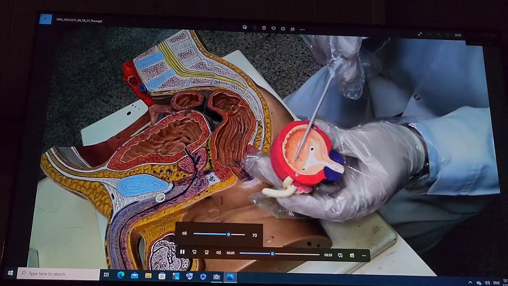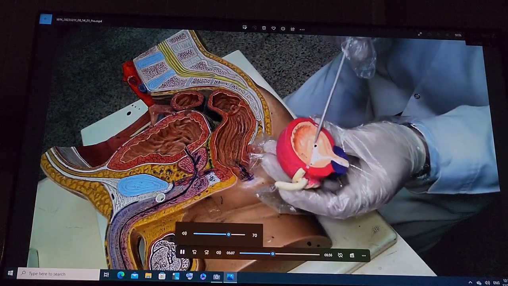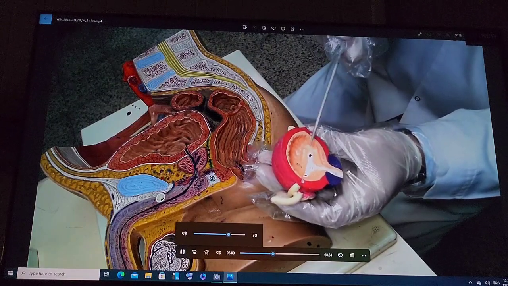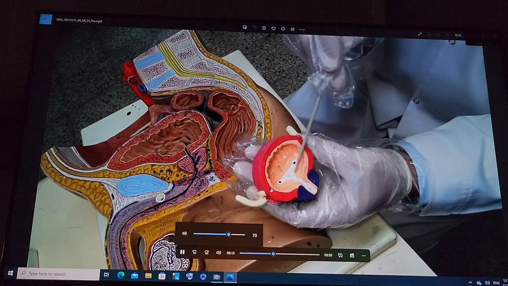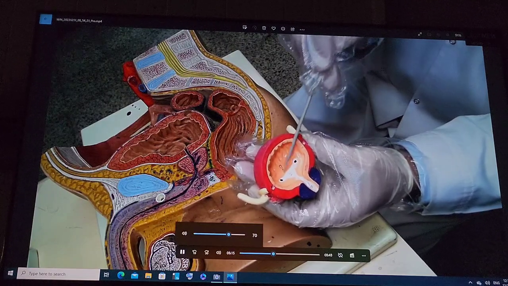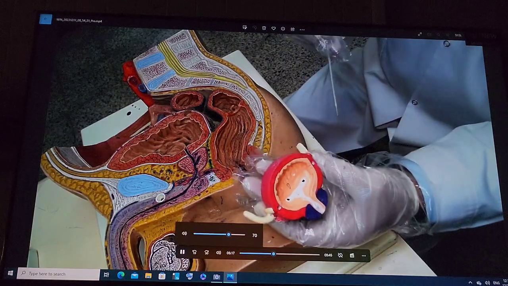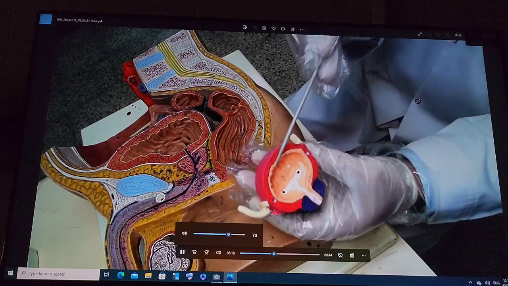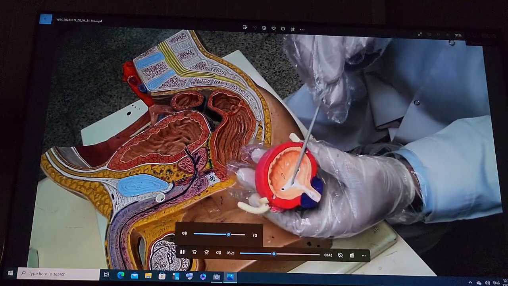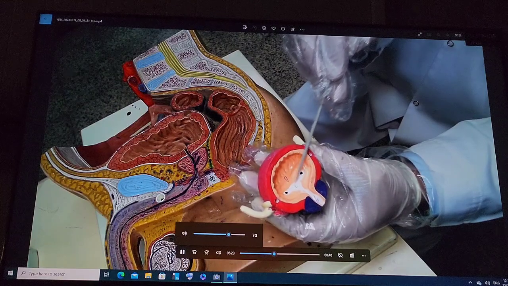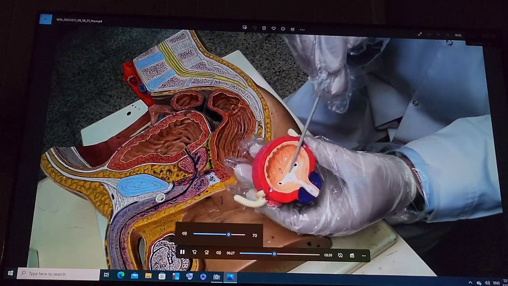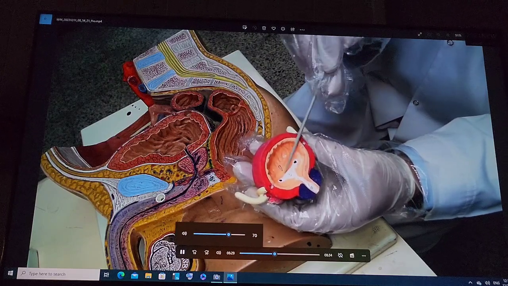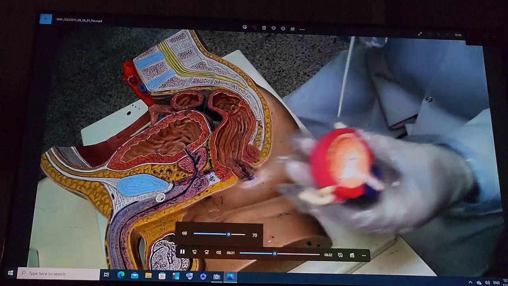At the base of the urinary bladder, we can see this white area here. It's called the trigone, a mucous membrane. It's always smooth, even when the bladder is empty, because it's firmly adhered to the underlying muscle coat.